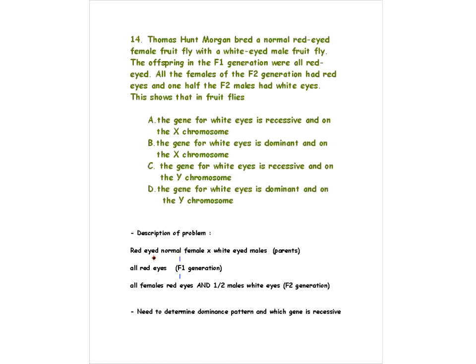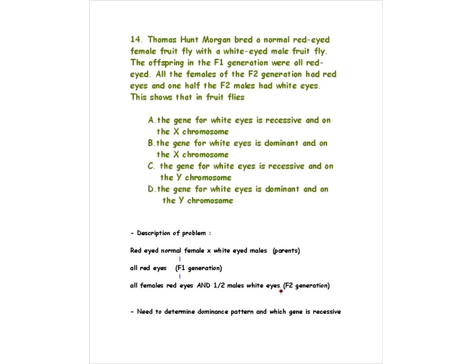So the parents, we have a red-eyed normal female crossed by a white-eyed male. In the F1 generation, we got all red eyes. In the F2 generation, all the females had red eyes. 1/2 of the males had white eyes. So we need to figure out whether it is on the X chromosome or Y chromosome, and whether white eyes are dominant or recessive.